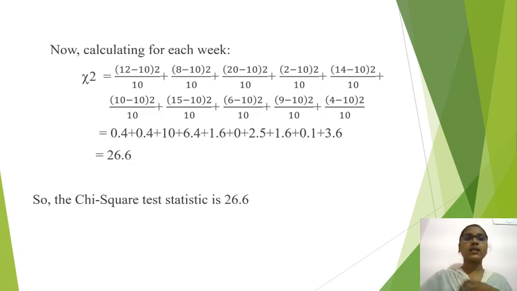Now calculating for each week using the chi-square formula: chi-square equal to (12 minus 10) whole square divided by 10 plus (8 minus 10) whole square divided by 10 plus (20 minus 10) whole square divided by 10 plus (2 minus 10) whole square divided by 10 plus (14 minus 10) whole square divided by 10. Likewise, we have to do this for all the values given in the problem. After subtracting and adding all of these, we get 26.6. So the chi-square test statistic is 26.6.